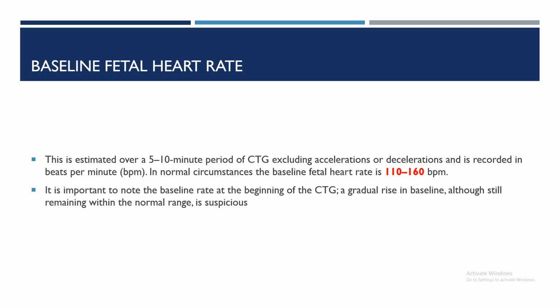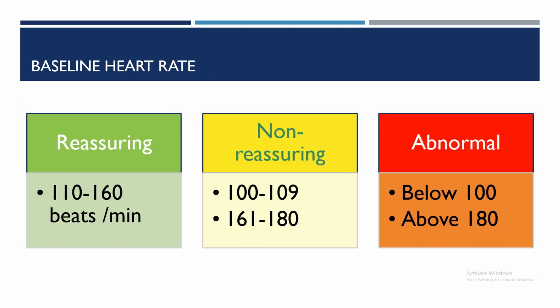The normal heart rate is 110 to 160. Also, you have to see whether there is any change in the baseline heart rate. First note the beginning baseline heart rate, and then see whether there is any gradual rise in the baseline or any decline from the normal baseline. Okay, that might be a suspicious thing.